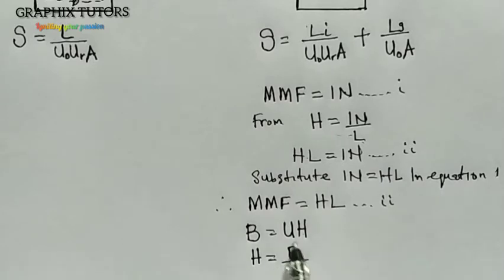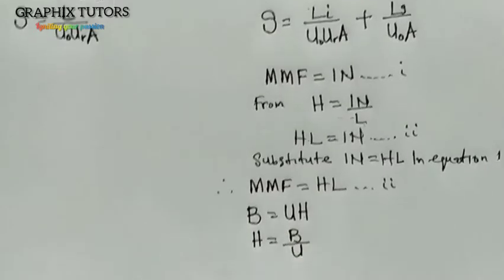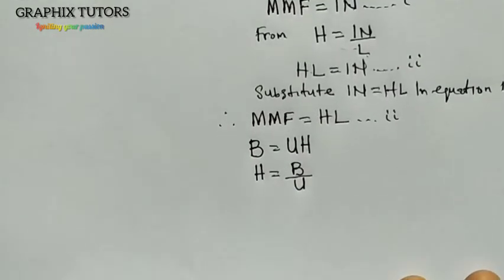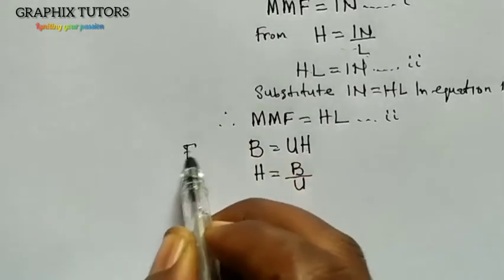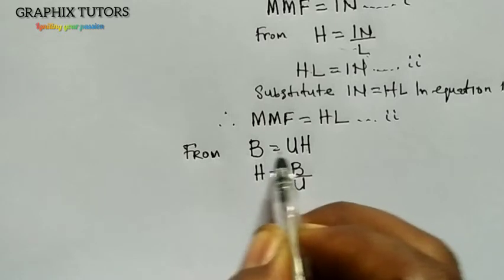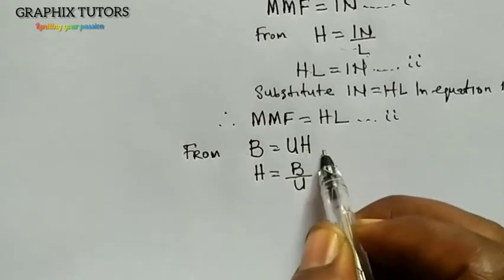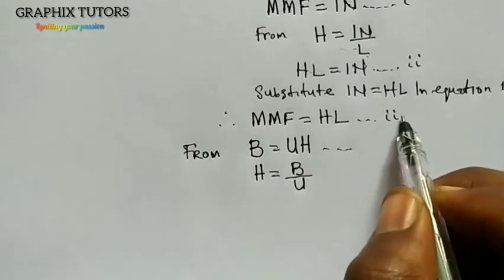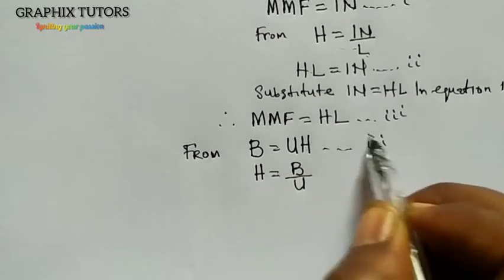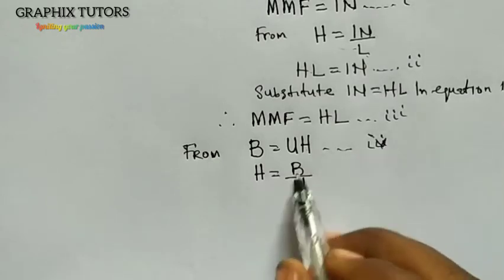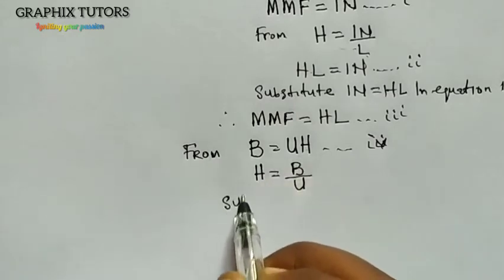That is, my magnetic flux density over my permeability, right? Let me call this equation 4.